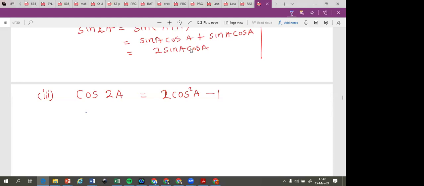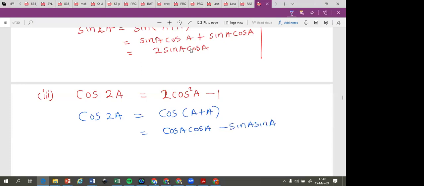Okay. Cos of 2a is the same as cos of a plus a. And when we expand, we get cos of a, cos of a minus sine of a, sine of a. So when you continue, it becomes cos squared a minus sine squared a. But looking at the given expression, we have cos squared present.